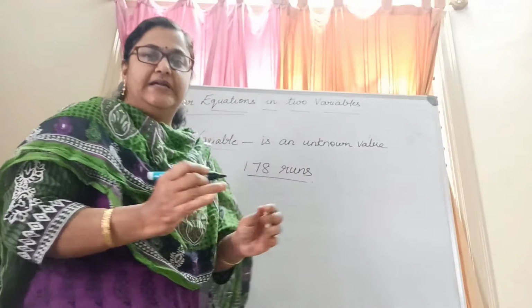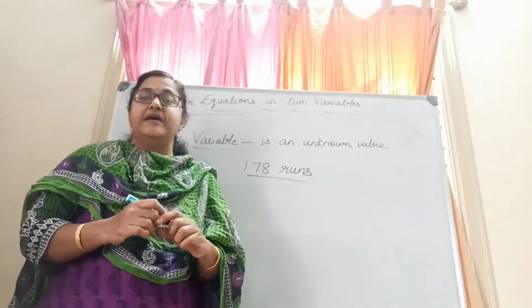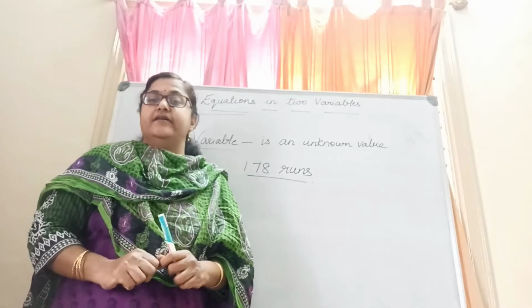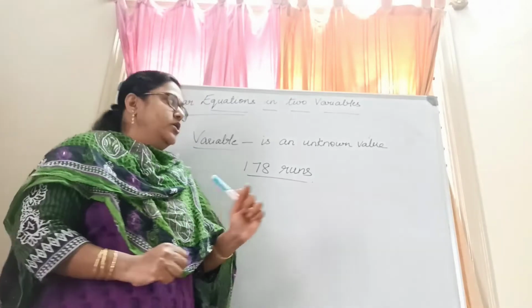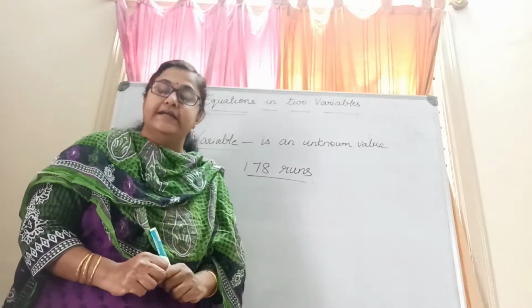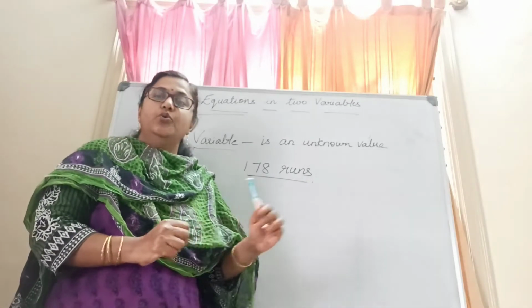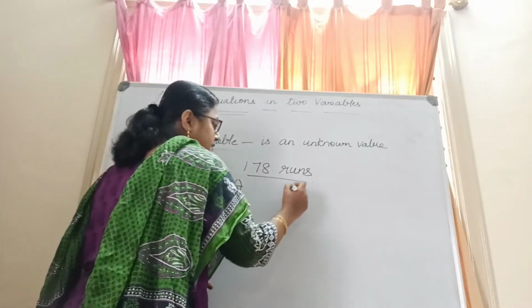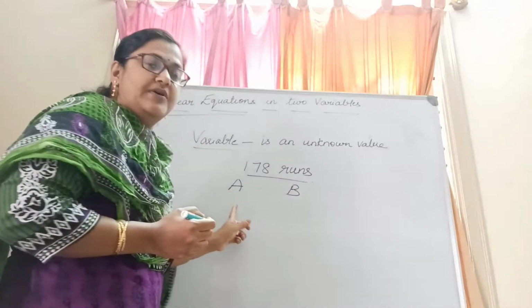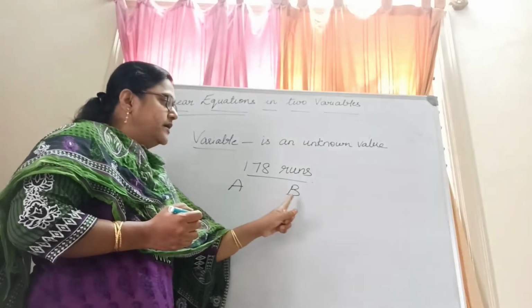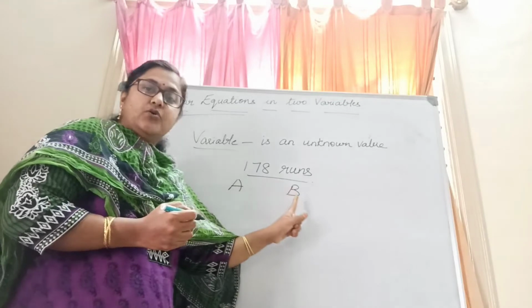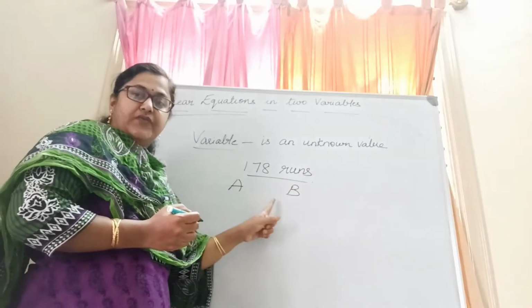There are two cricketers, cricketer A and cricketer B. Do you know how much cricketer A has scored and how much cricketer B has scored? No, we only know the total of the scores by both of them.